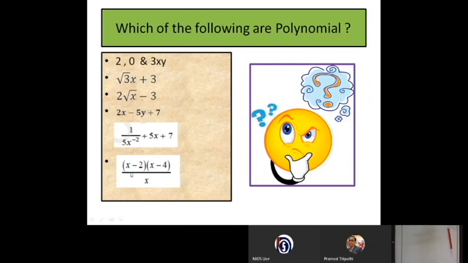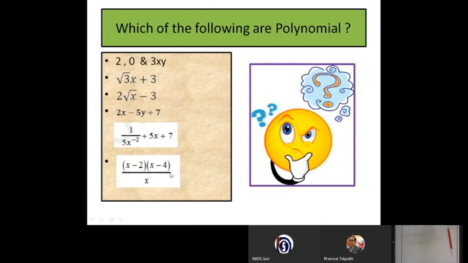Simply, without multiplying, when x goes to the numerator side, what will it be? So the x will be x raised to the power minus 1. So it is not a non-negative integer. Hence, it is not a polynomial.